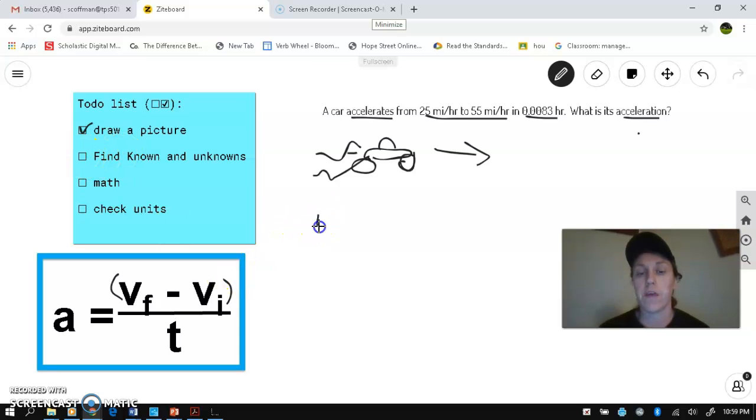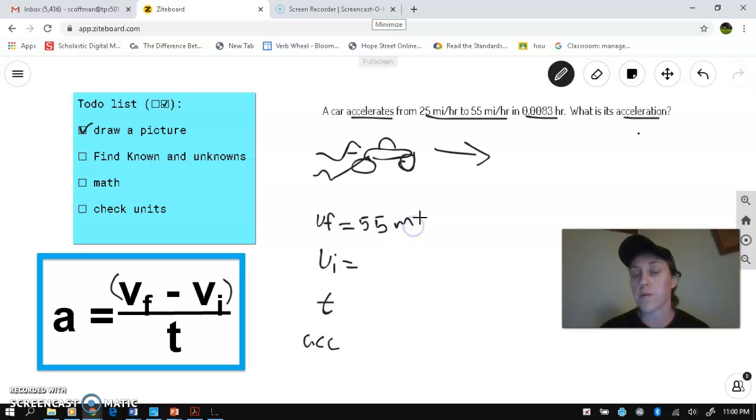So I have VF equals, VI equals, and T and acceleration. My final speed is 55. Speed or velocity, it's the same thing.